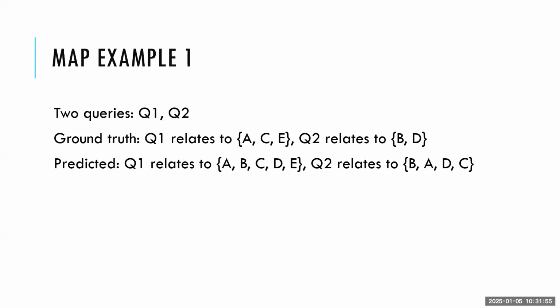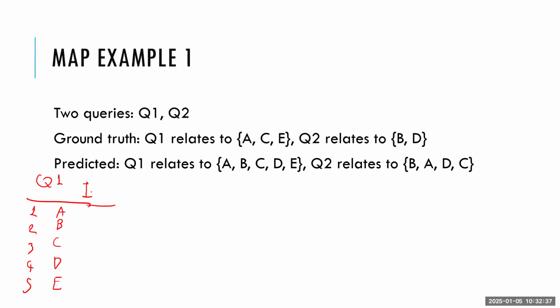In the ground truth, Q1 is related to A, C, E and Q2 is related to B, D. My prediction from my model: for Q1 I have this ranking A, B, C, D, E. And for Q2, my ranking is B, A, D, C.